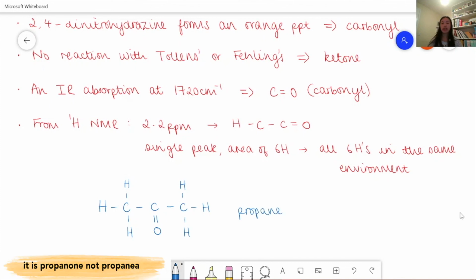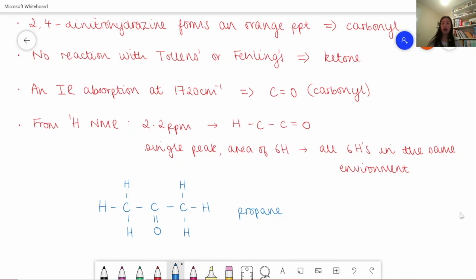And we can actually check this because it will form an orange precipitate with 2,4-dinitrophenylhydrazine because it's got this carbonyl group, the C double bond O. It won't react with Tollens' reagent or Fehling's solution because it's a ketone, so it can't be oxidized further. It does have an infrared absorption at 1,720 centimeters to the minus 1 because of this carbonyl group.